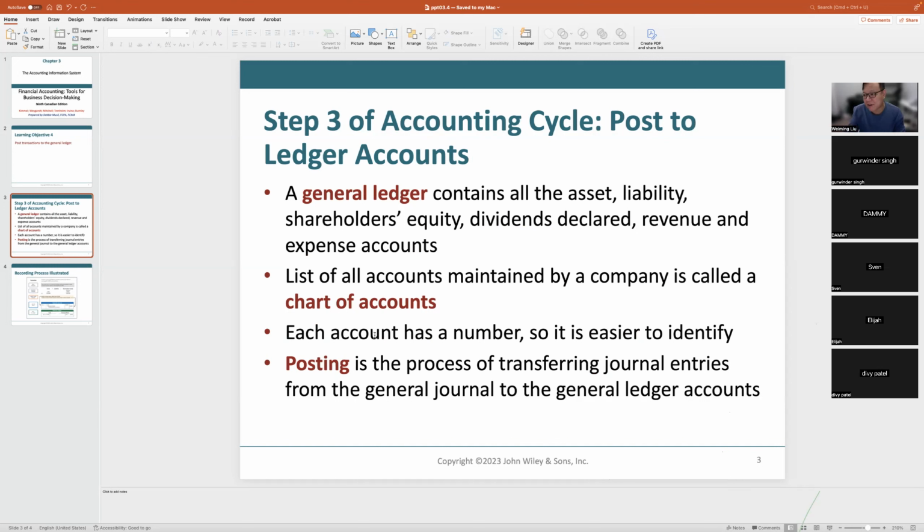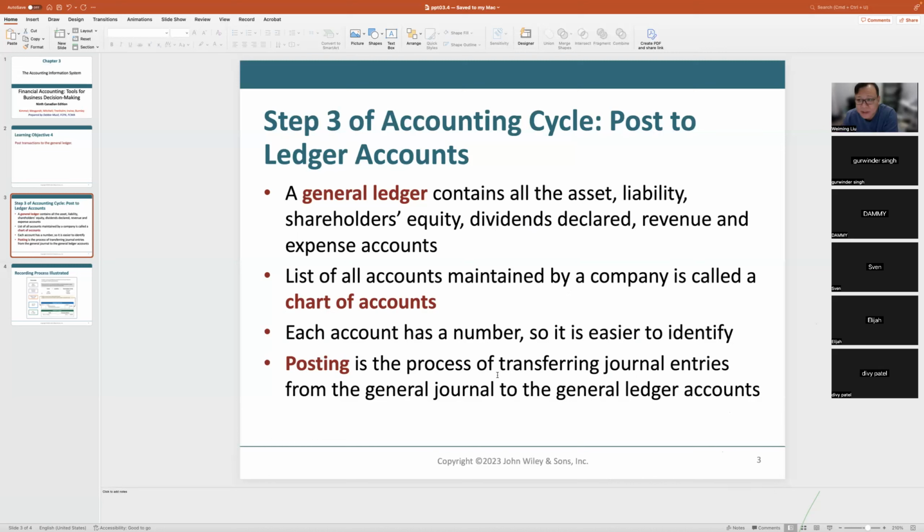It's easier to identify. So for cash, it's often 1001. That's for the cash account, right? It could be any numbers. It's up to the company. But when I'm doing my own business, often the 1000 level numbers would be for assets, right? 2000 level numbers will be for liabilities. Okay.